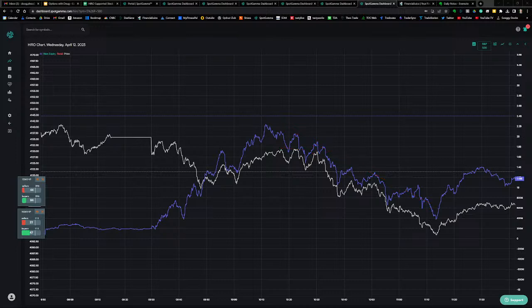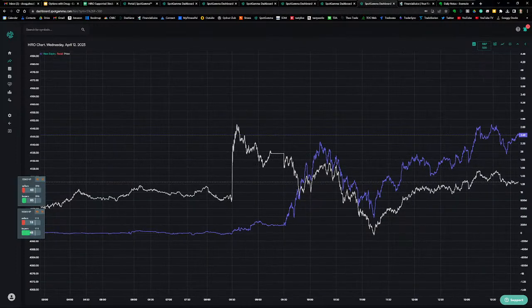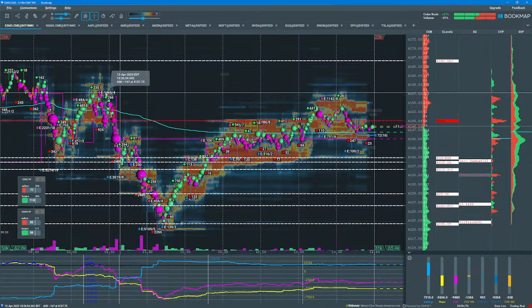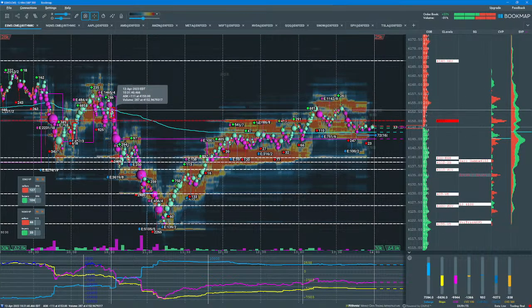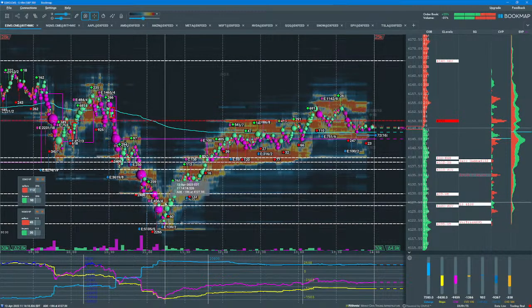Let's go back and take a look at Bookmap, and I'm going to zoom out at this point. The minutes will be released in just a moment. So here's the short setup. Right here, here's the final test of VWAP. Price drops lower.